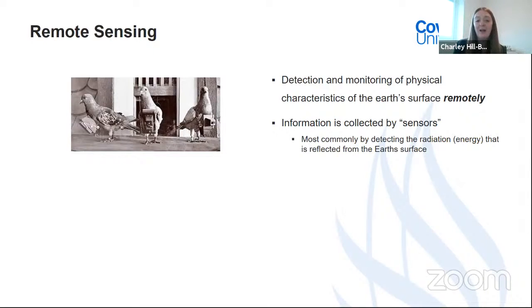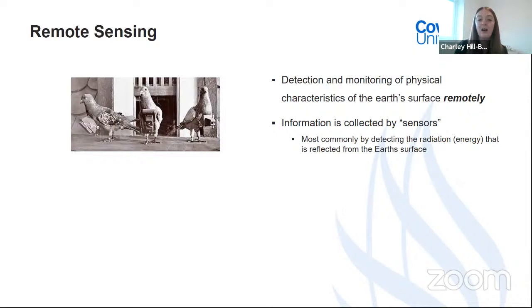It's one of the earliest forms of remote sensing. Small cameras launched on pigeons that are flown over areas, and we collect images of those areas. So remote sensing has since advanced since our early days of mounting cameras on pigeons, and we can now collect information by sensors.